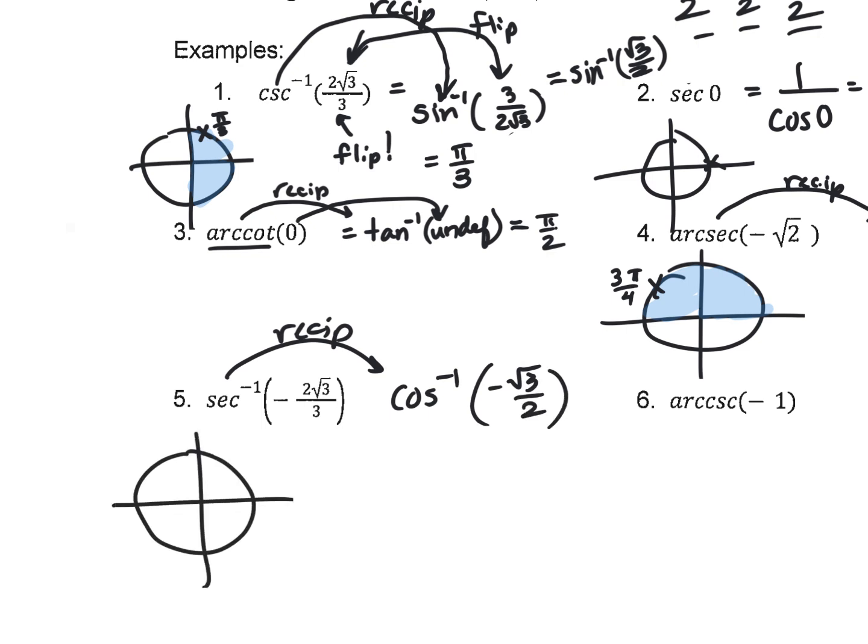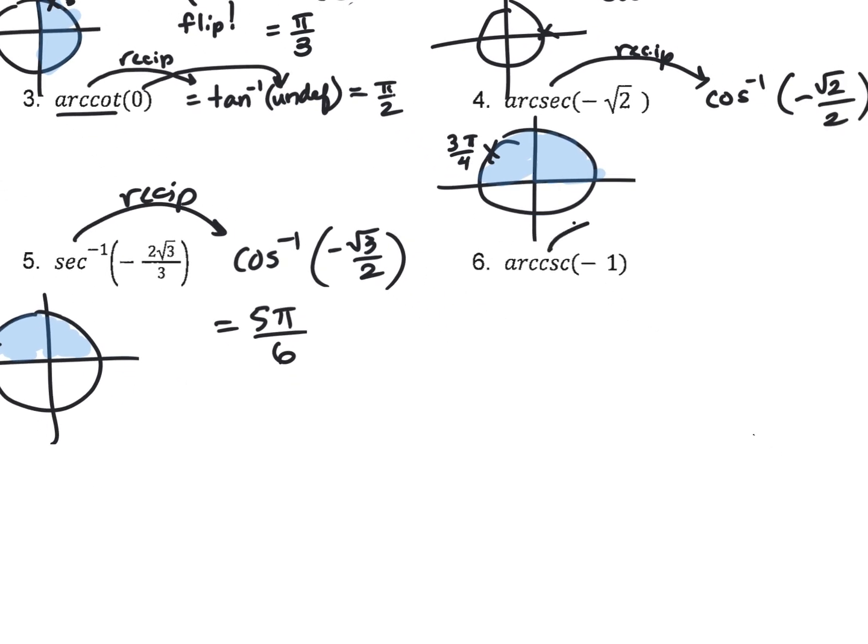So which two quadrants are we doing? First and second. Which one is this guy going to be in? If cosine is negative, which quadrant is it going to be in? Second. So it'll be over here. That is at 5 pi over 6. So my answer is 5 pi over 6.